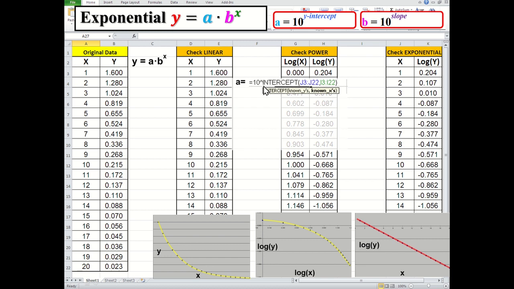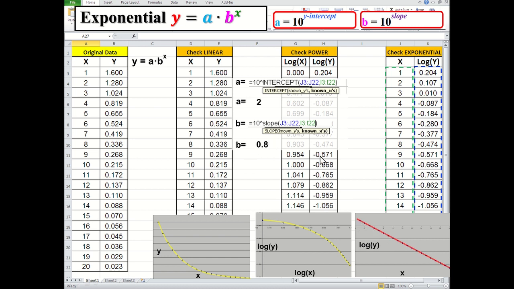Okay, so we can find out what a is by taking 10 to the intercept, highlighting all those data, and plugging it into the function called intercept, taking 10 raised to that answer, and I would find that a is 2. B I can find by taking 10 to the slope. So 10 to the slope of those numbers, and if I did that, I would find that b is 0.8.